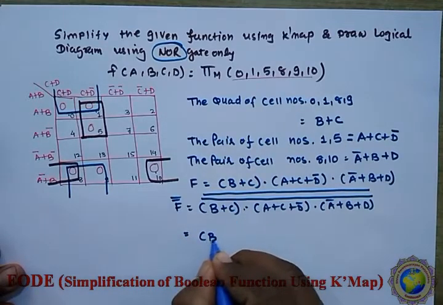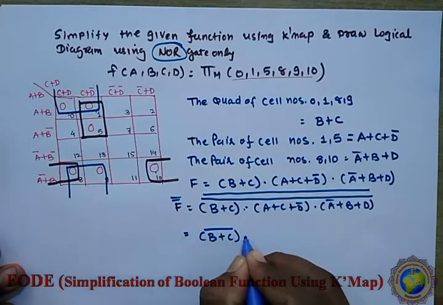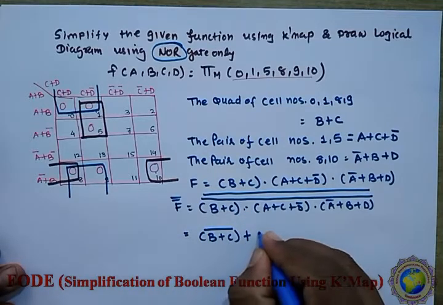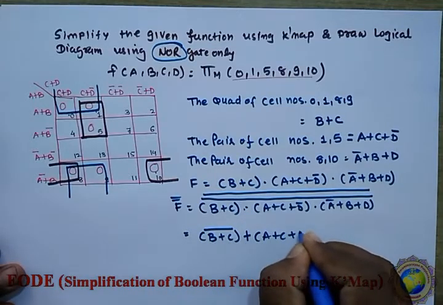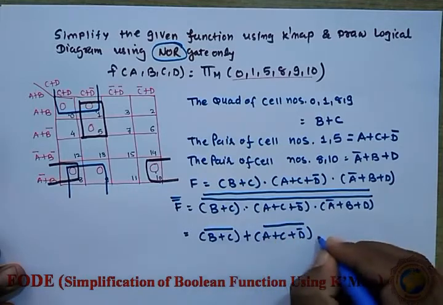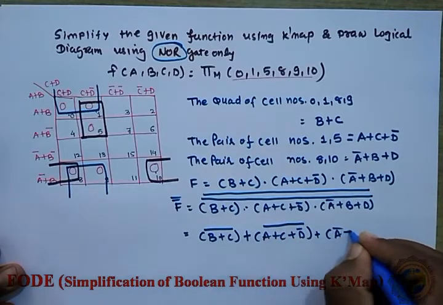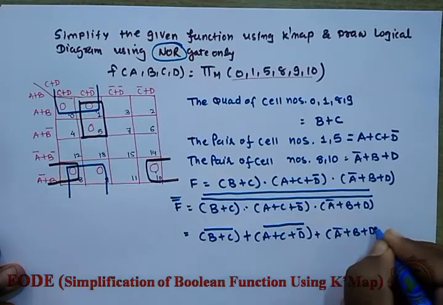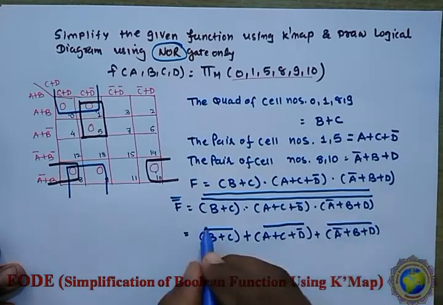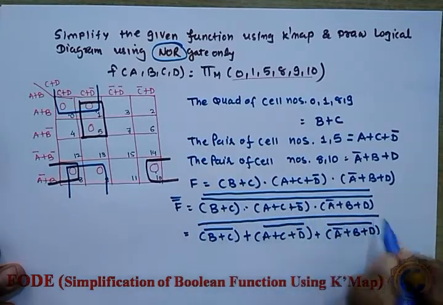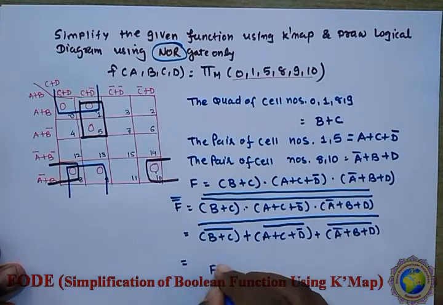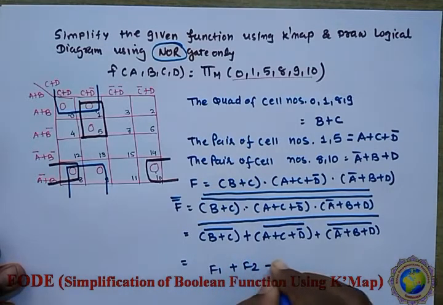So it will be (B plus C) bar, then dot becomes plus, then (A plus C plus D bar) bar, then plus (A bar plus B plus D) bar, and then whole bar.